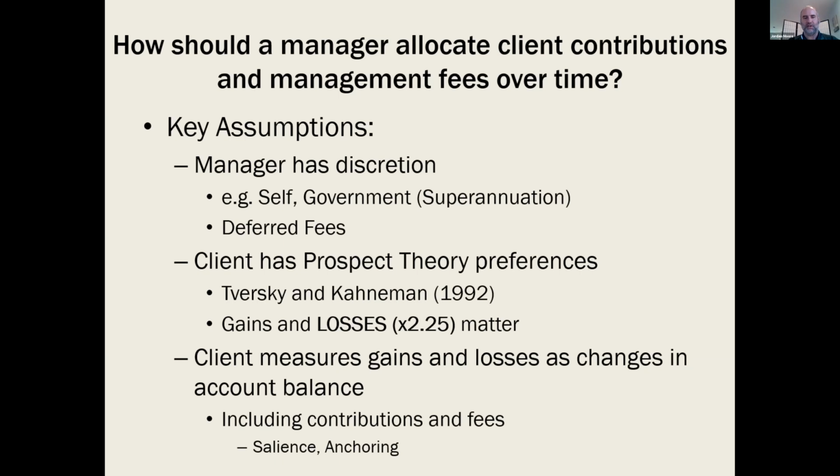I also assume that the client measures gains and losses as changes in total account balance from month to month or quarter to quarter. In other words, over some period of time, there are three drivers of changes in account balance. One is investment returns. One is any contributions that the employee or employer might put in the account.